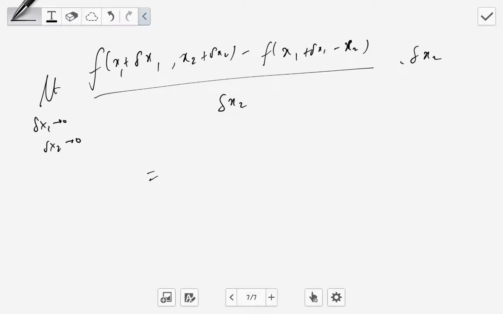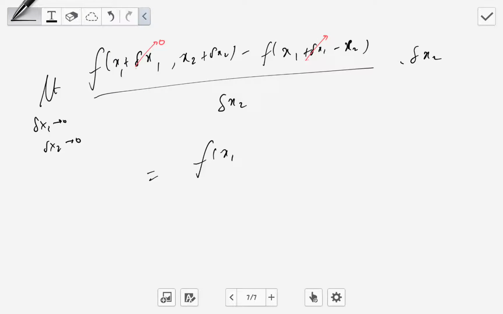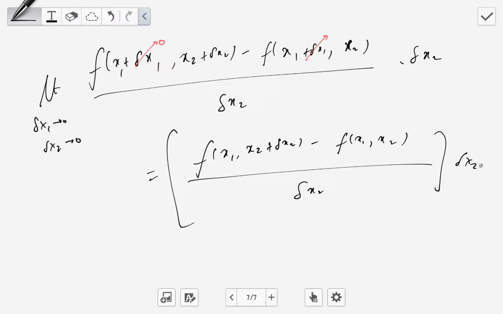See, this is tending to 0, so you can make this 0. Similarly you can make this 0. So this will be f of x1, x2 plus del x2 minus f of x1, x2, by del x2 times del x2.